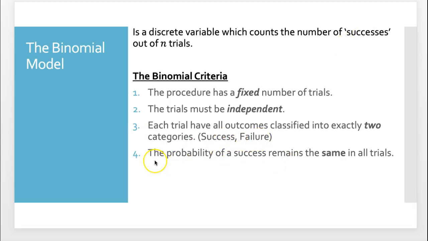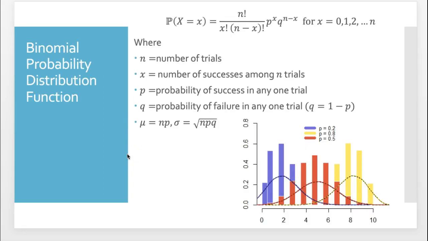And then part 4, the probability of success remains the same in all trials. So in terms of the couples, they all more or less have the same chance of tilting their head to the right or to the left. Or if we're flipping a coin 4 times and counting the number of heads, my number of coin flips is fixed. Each outcome of the coin flip is independent of the others, and each outcome is either heads or tails, and the probability of heads remains the same on each trial. So these are the requirements needed to use a binomial model.